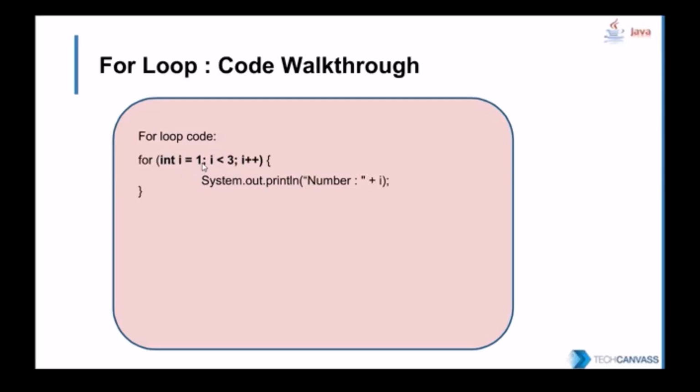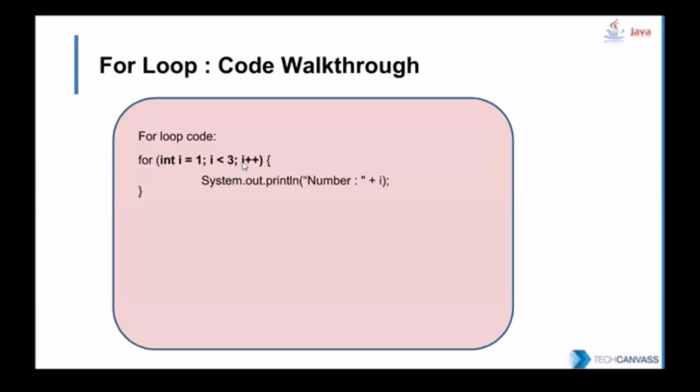Second item, we check a condition. The second item between the semicolons is the condition. The condition specifies till when we have to run this loop. It is the terminating condition, where we specify when my loop will terminate. Otherwise the loop will keep on going forever, it will be an infinite loop. So we have to specify a logical condition which is met and the loop is terminated.